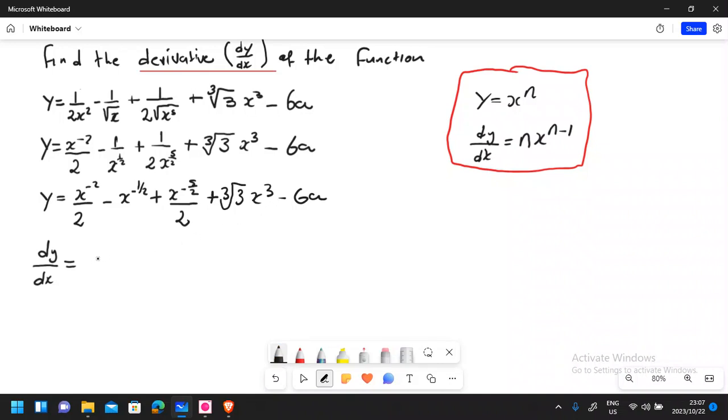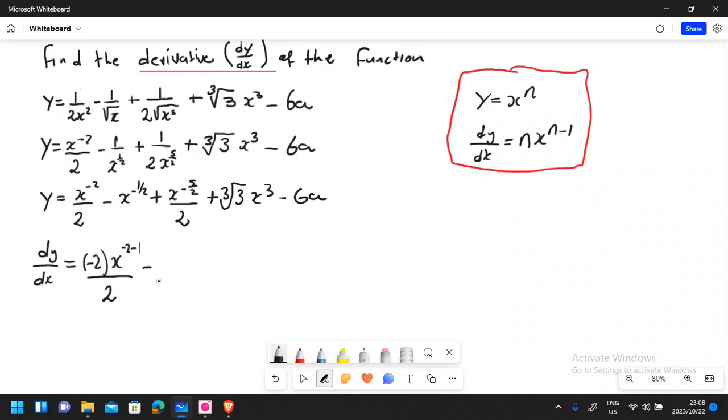Alright, so let's continue. So let's look at the dy. Let's look at the first term. So our n here is -2, so meaning you must multiply by -2, right? And then we have x to the power of -2 minus 1. All this is divided by 2. There we go. And then we say minus.